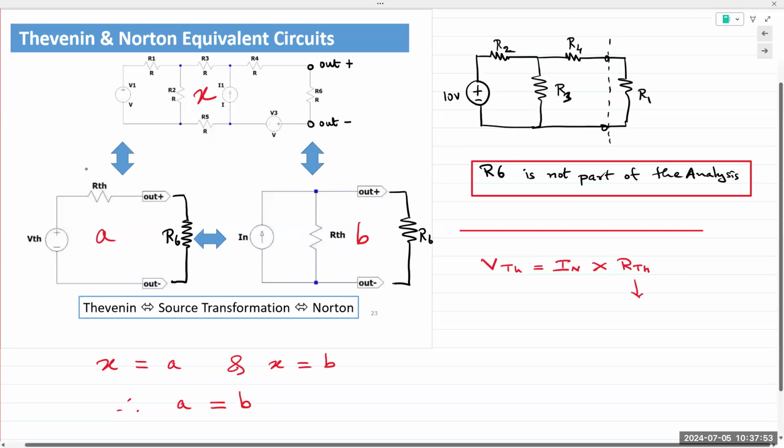RTH cannot be determined directly for some circuits, and hence we would use the same expression.